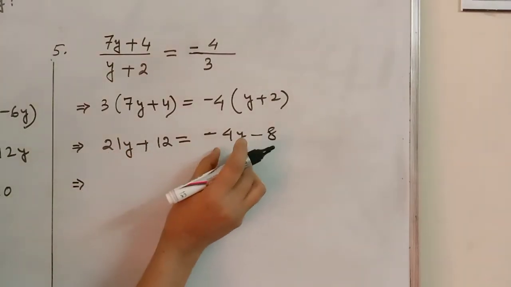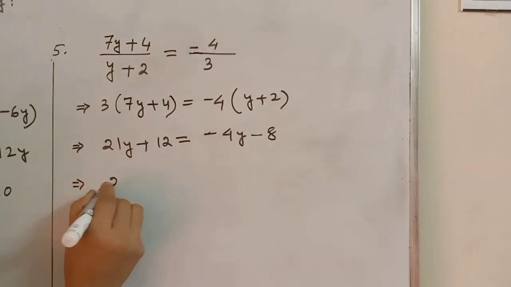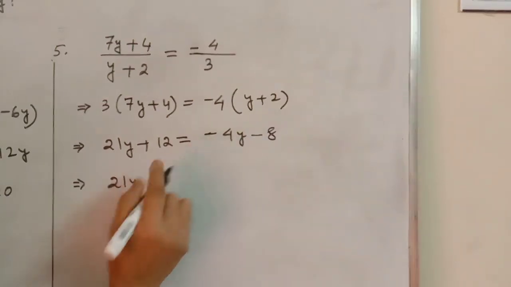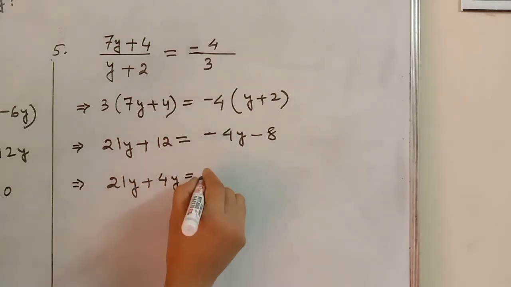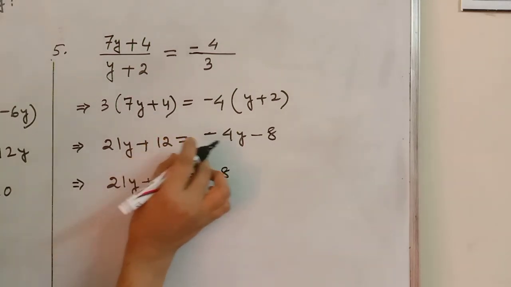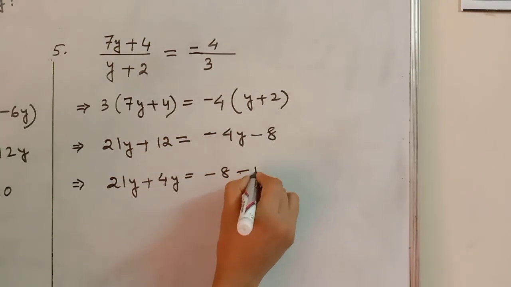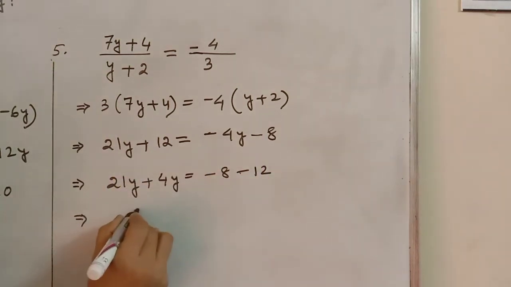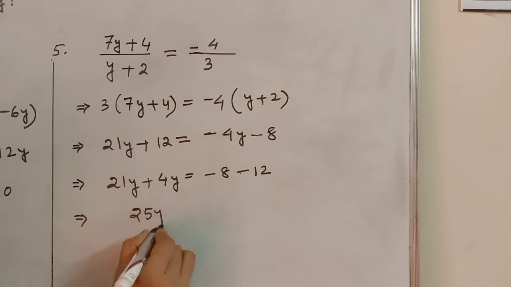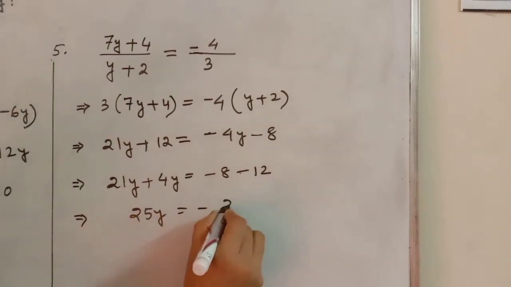Next, 21y and this 4y will shift here. 21y + 4y equal to -8. This 12 will shift to the right side with opposite sign. So it was plus, now it is minus. 25y, add this 2, equal to -20.